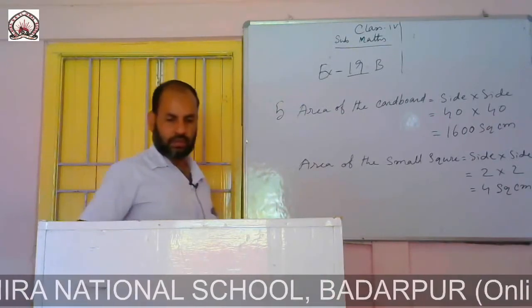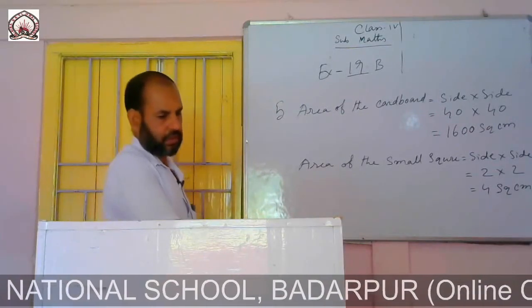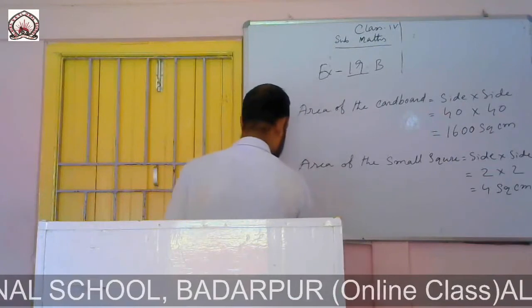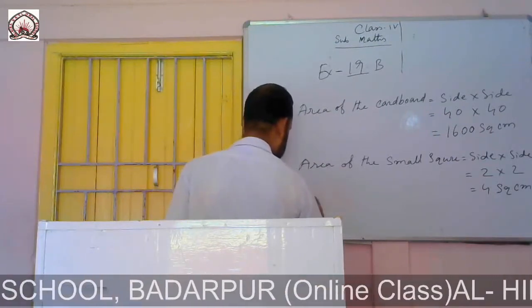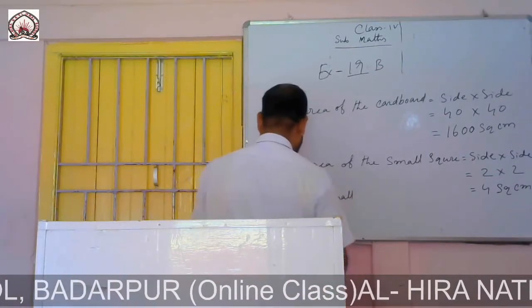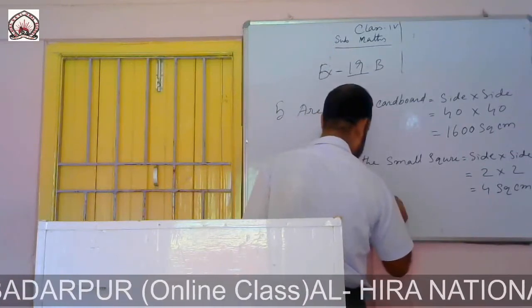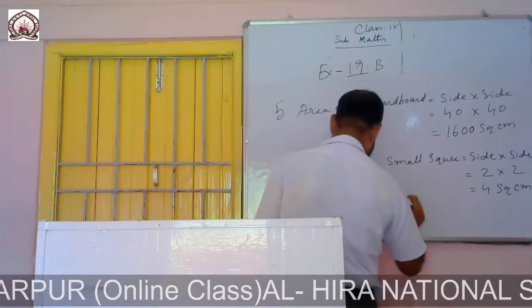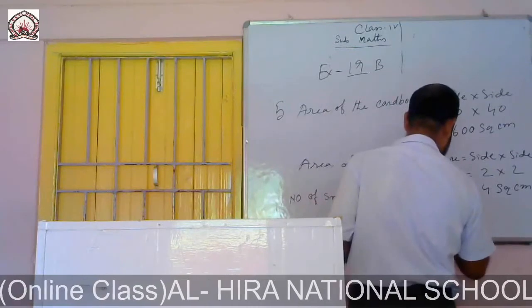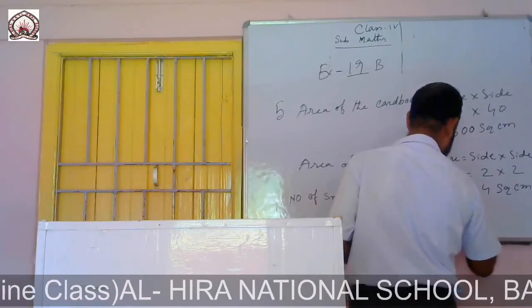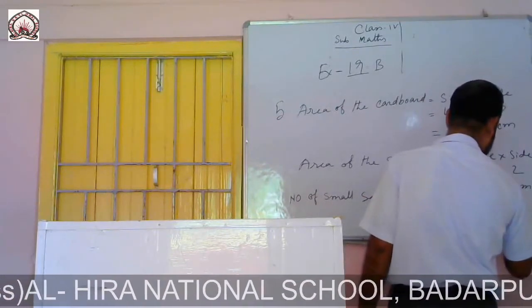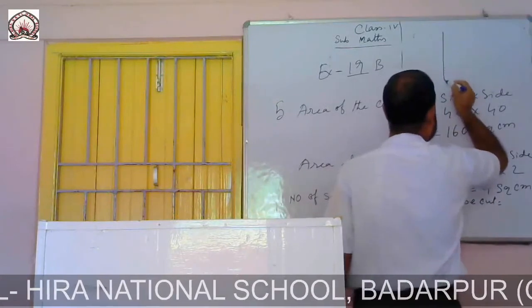The number of small squares that can be cut equal to the total full square, what?